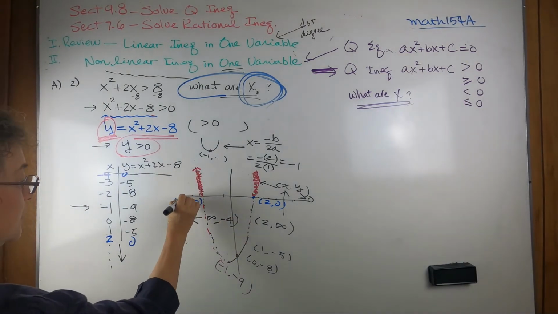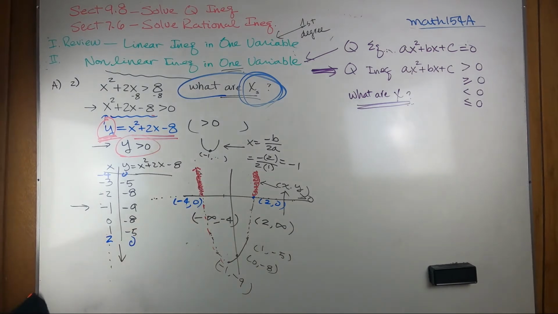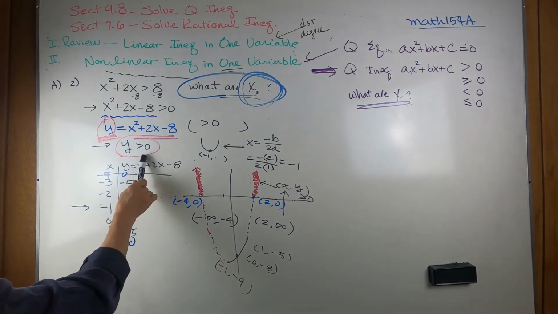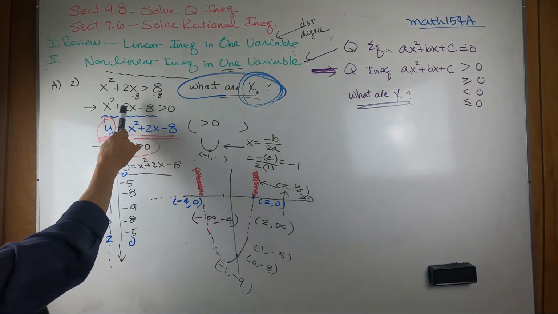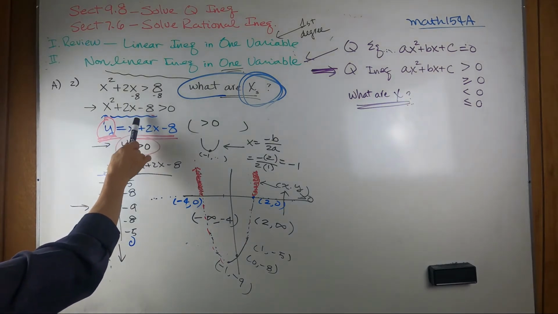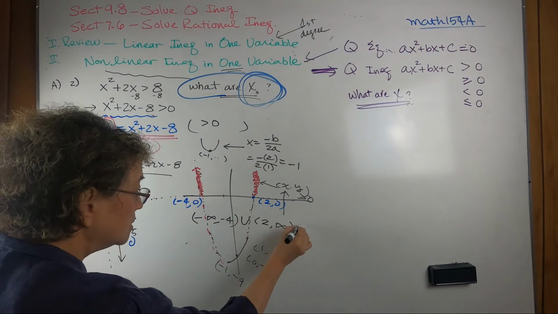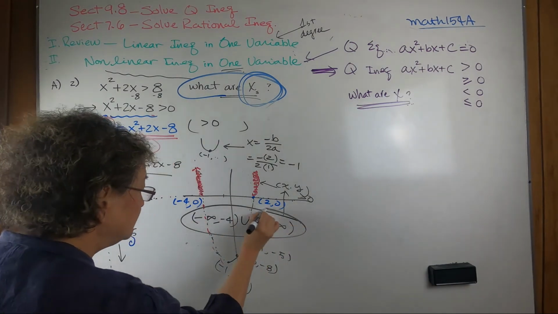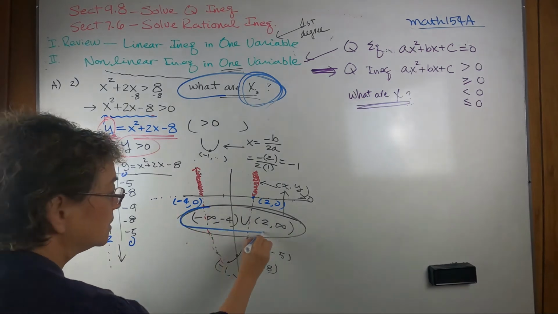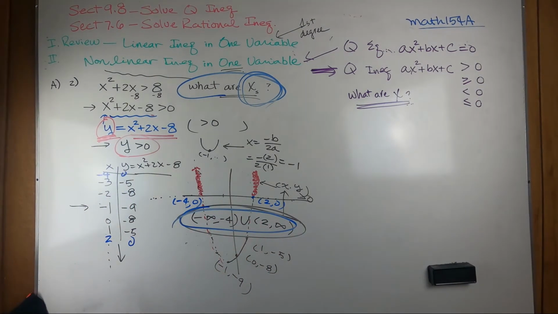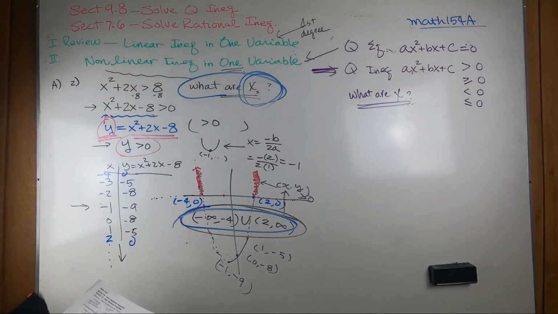All those points for x will make the y bigger than 0, will make this second degree polynomial bigger than 0. So when you put it together, that would be your answer. Is that right? Okay, so we just visualize it.